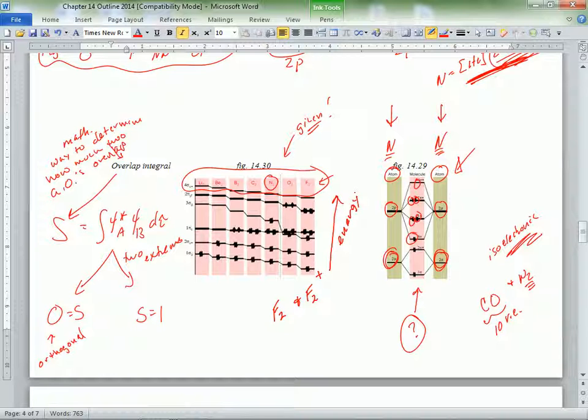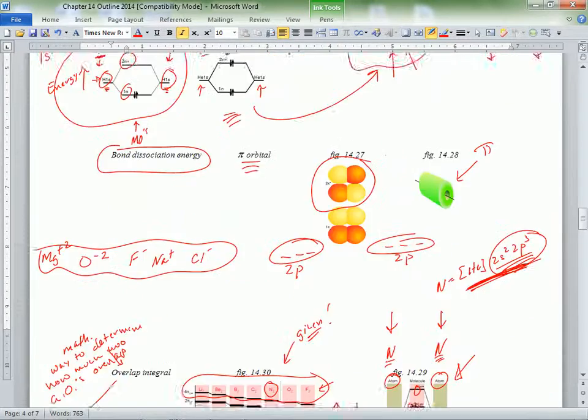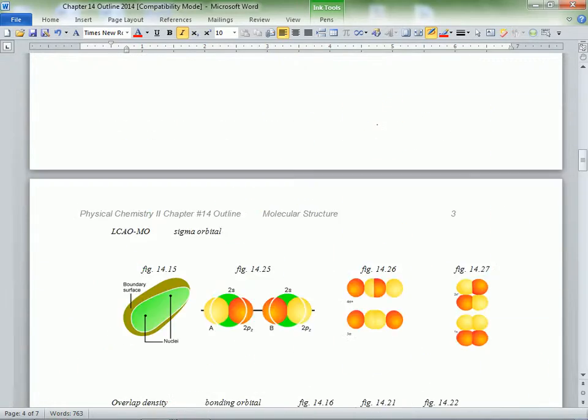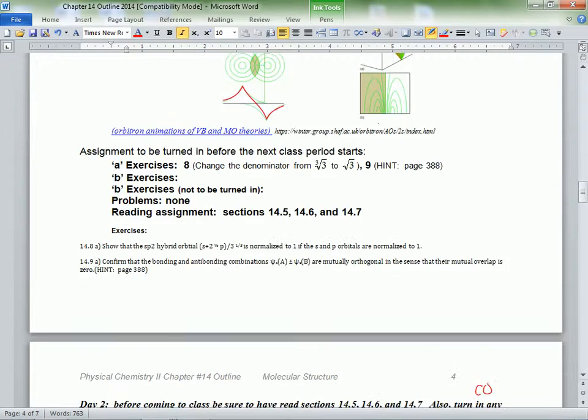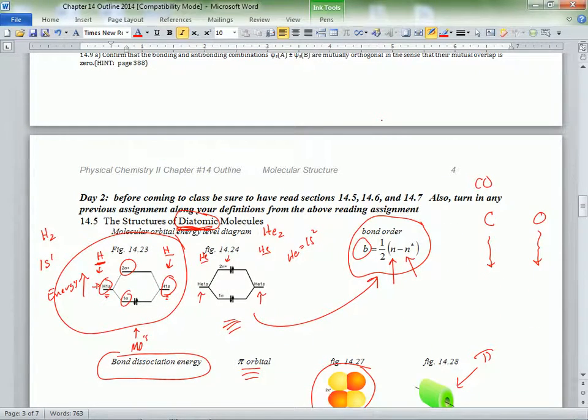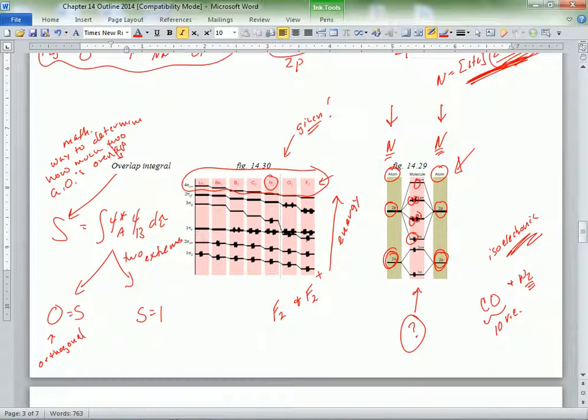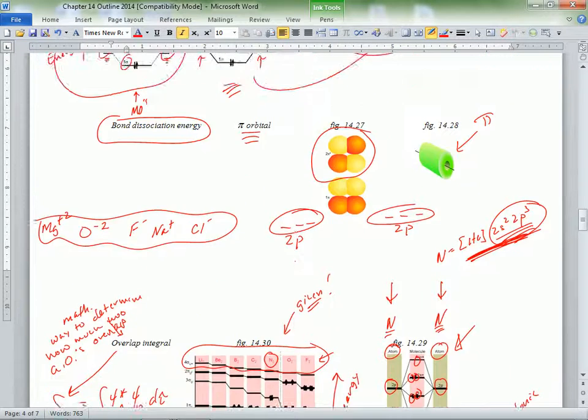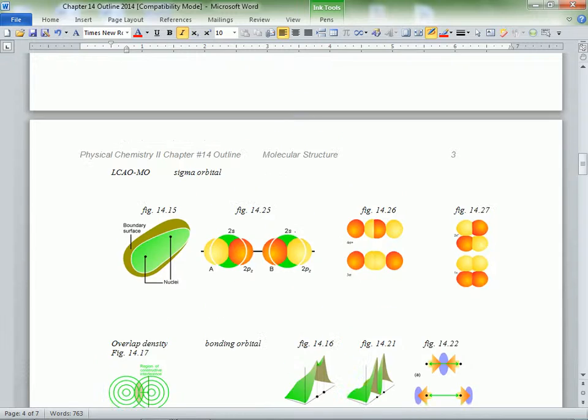It would have less anti-bonding. Overall, you can go through the work and calculate the bond order, but I don't think you have to. You just recognize that F2 plus has one less anti-bonding electron. So when I calculate the bond order, I'm going to calculate a stronger bond.